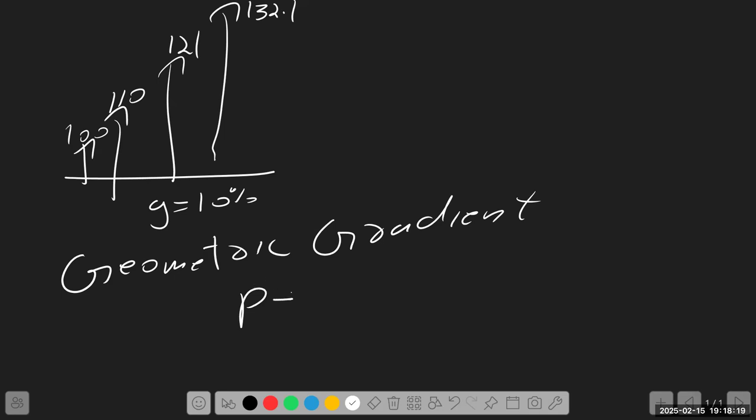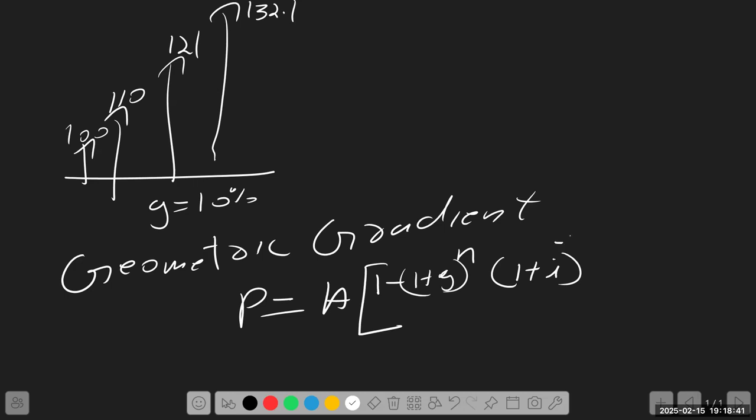For this, present value is equal to annuity, annual. What is this? 100 is the annuity. Multiplied by 1 minus (1 plus g) raised to n multiplied by (1 plus i) raised to minus n, divided by (i minus g).